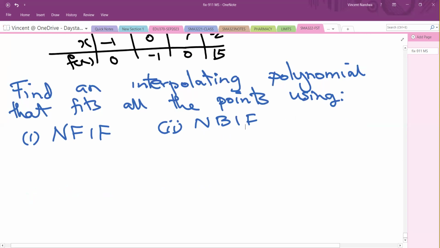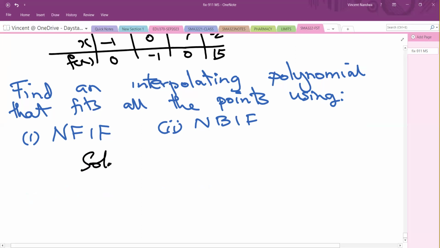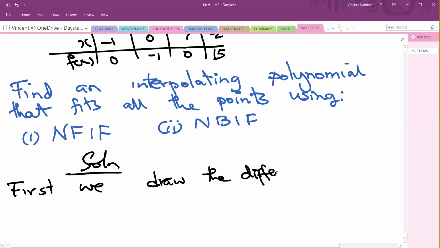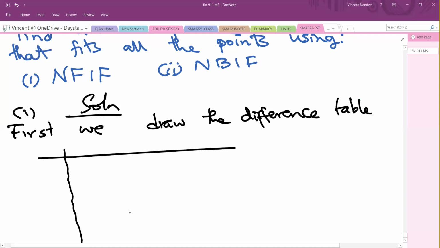So solution. First, we draw the difference table. So we have x value, we have f value.